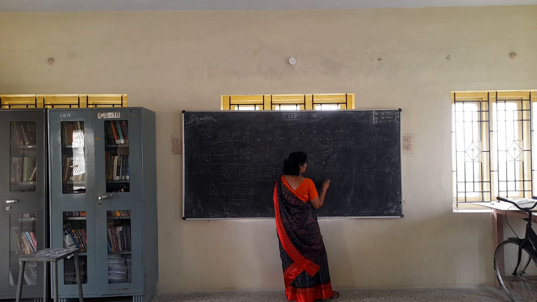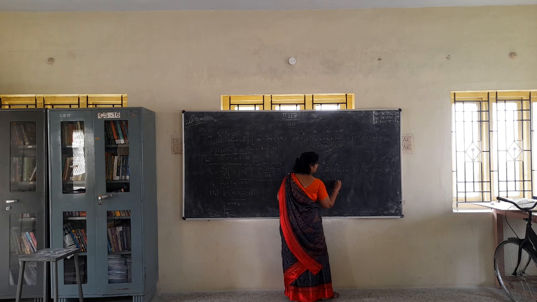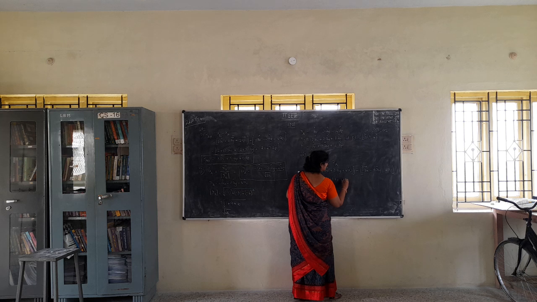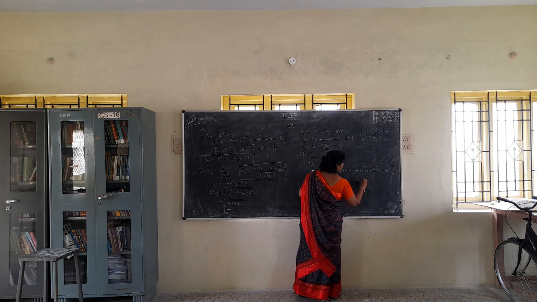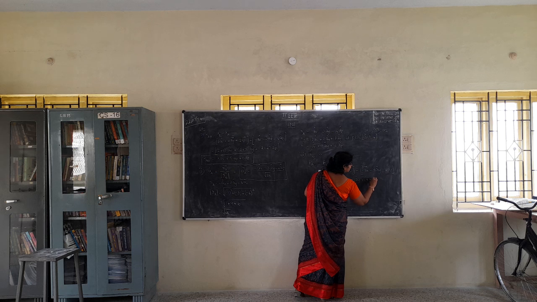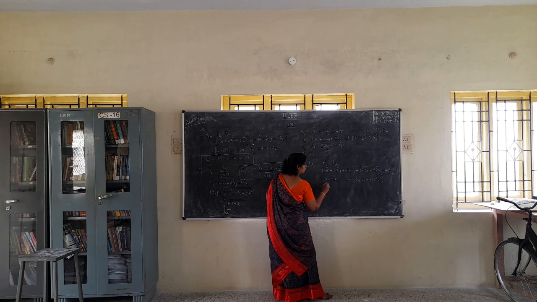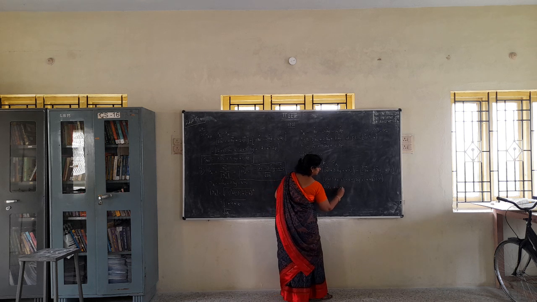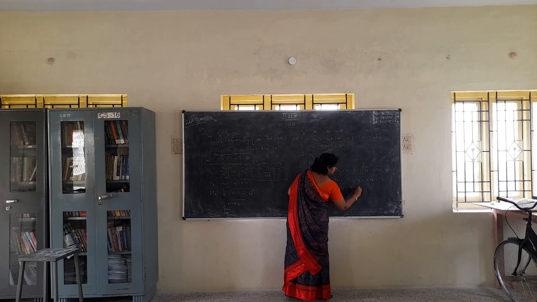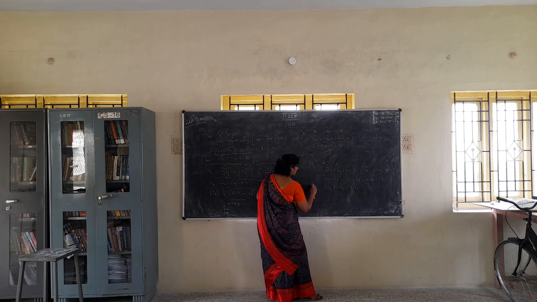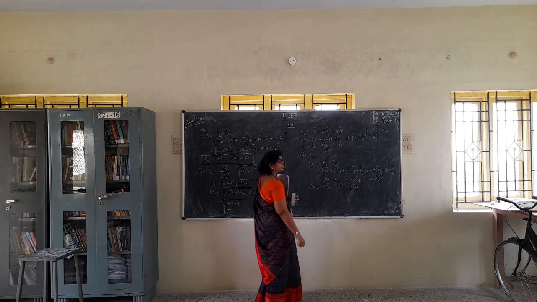So it is 1 plus 1 AX vector plus 3 plus 3 AY vector plus 4 plus 4 AZ vector. So 2 AX vector plus 6 AY vector plus 8 AZ vector is R suffix AC.